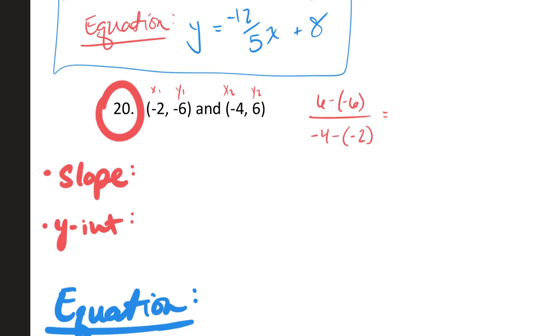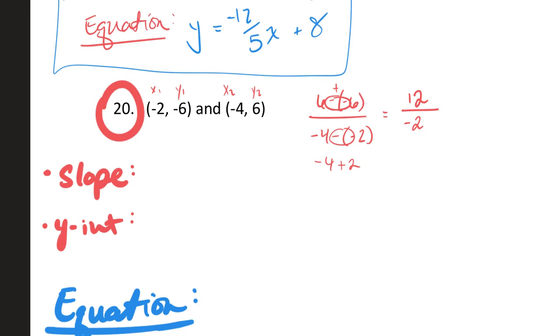Now, this top number, 6 minus negative 6, is not 0. That really says 6 plus 6, so it's 12. Then we have negative 4 minus negative 2, so that's really negative 4 plus 2, which gives us negative 2. Now let's pause. We're not quite done with the slope. Okay, that can simplify.